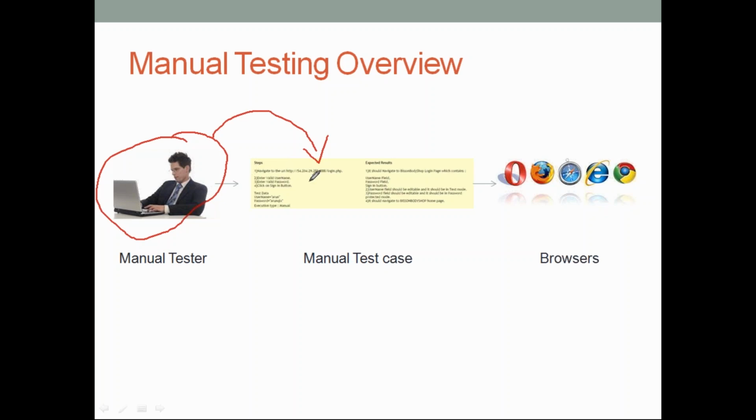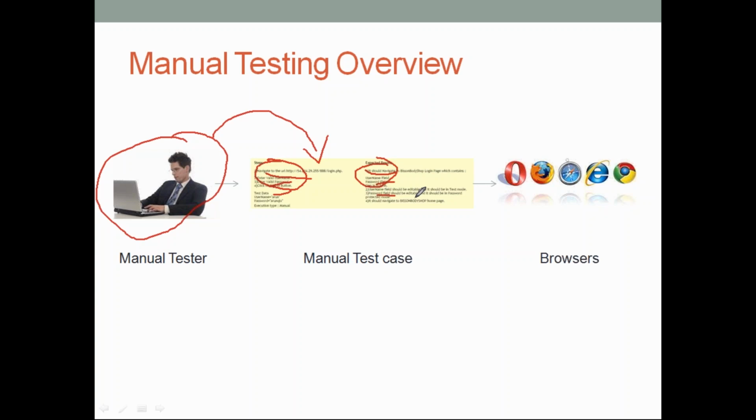Someone will be developing the manual steps and also the expected result for each and every step. So if I do something, something will be expected by us, right? If those expected things are not happening, then we will obviously fail the test case and test step, and so on. So this is the process.